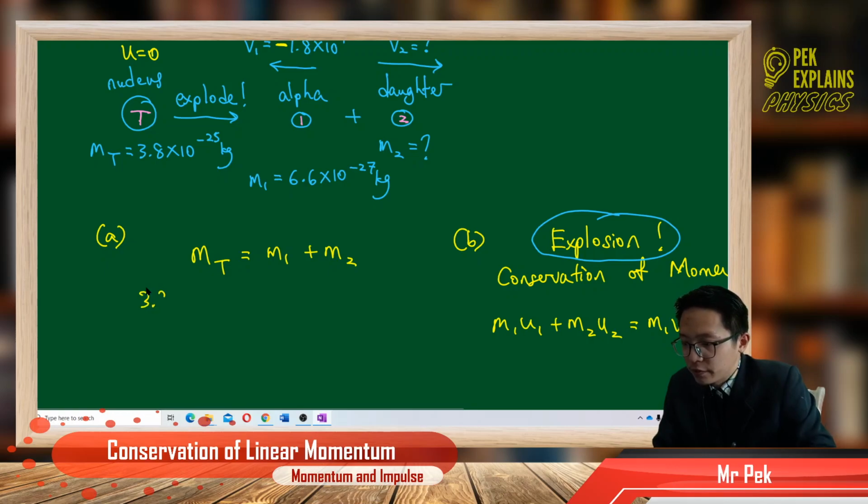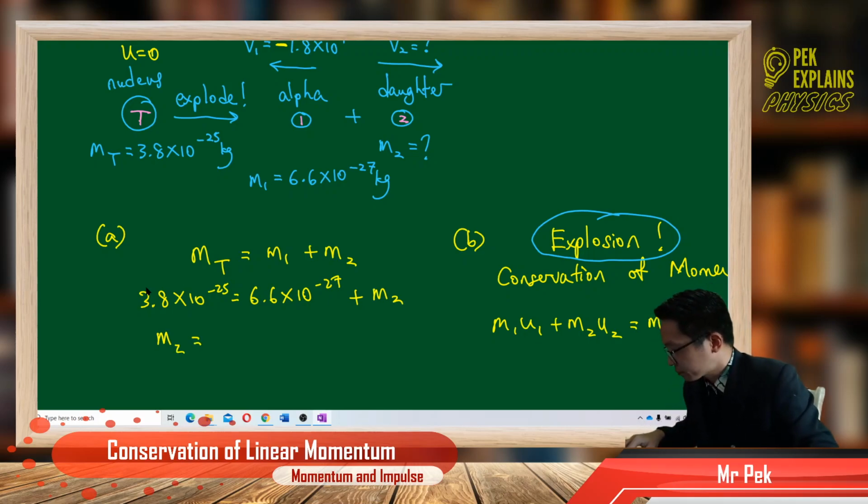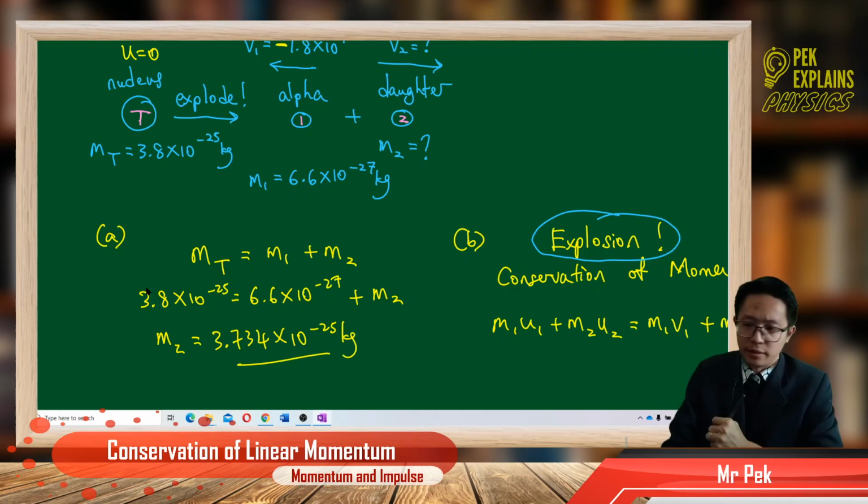We have the mass of the nucleus, after explosion, then born the alpha and the daughter. So we get the mass of the daughter is 3.734 × 10^-25 kilogram. That is the mass of the daughter.